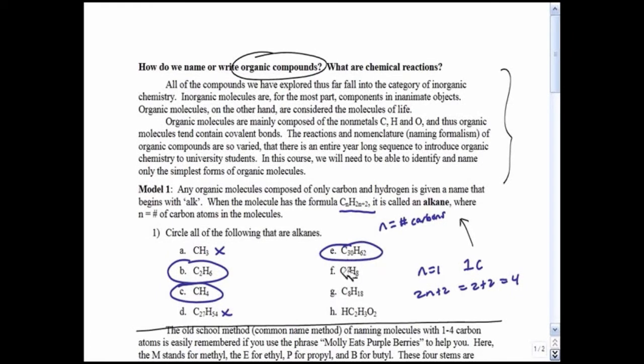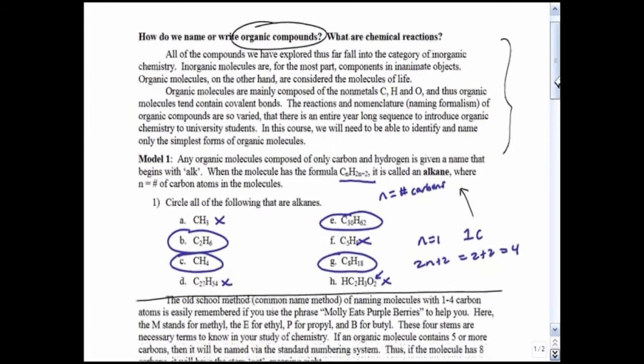Perfect. C5H8, not that one. C8H18, that works. That's actually octane, gasoline. And this one's got an oxygen in it, so that's not an alkane. Great. So the key thing is we can identify what an alkane is. It's the simplest form of organic compound.